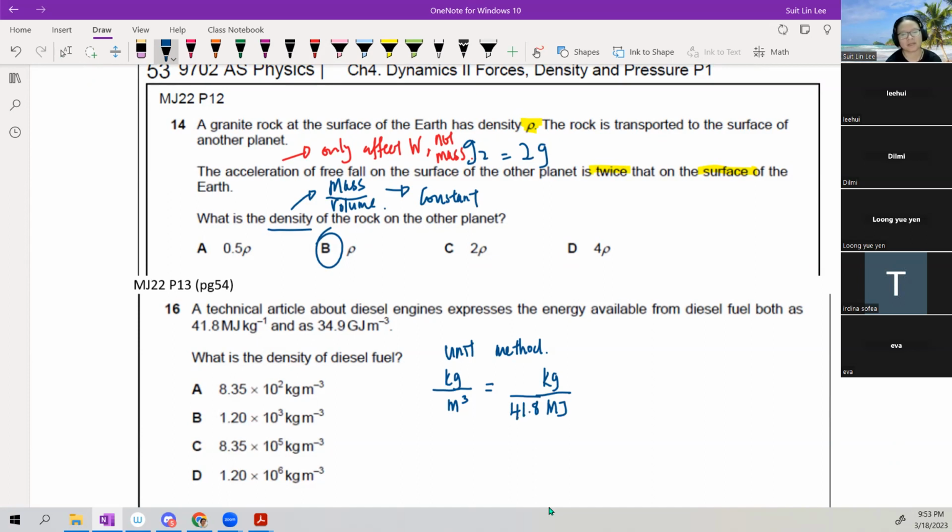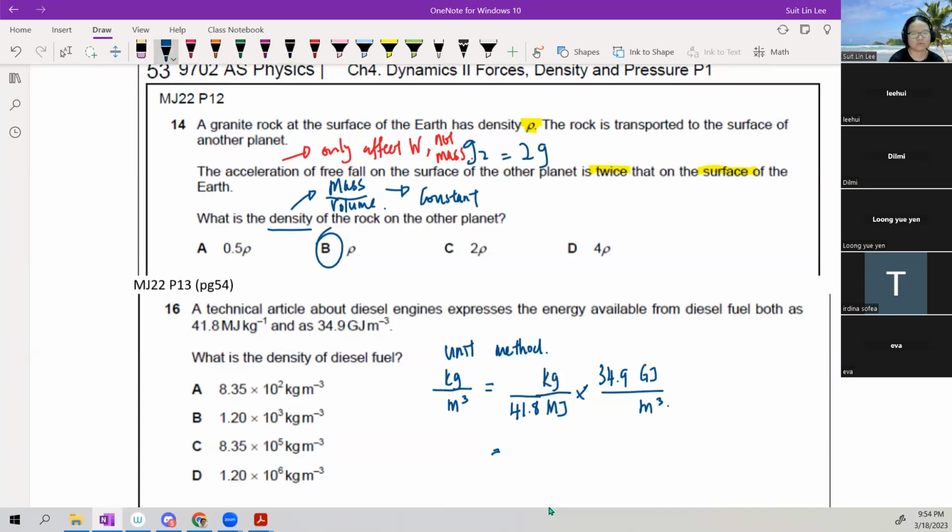Okay, I'll deal with the mega later. Then you might be thinking, multiply this one by 34.9 gigajoule per meter cube. And the joule and joule can cancel. So some people might be thinking, well, I'm going to use the unit method, right?